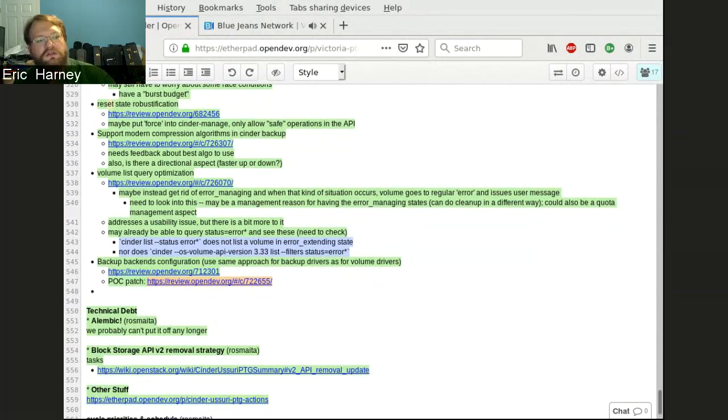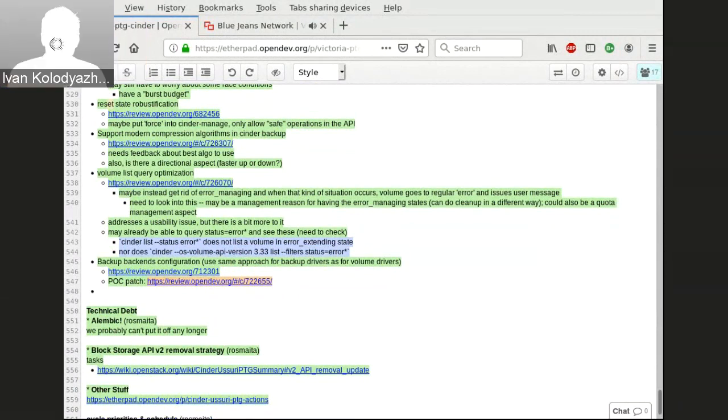I put a link in the review a second ago to a Mitaka spec on the scalable backup service work, which I think was starting to go in this direction in a lot of ways. So we probably should review that again and see what ideas we figured out back then and if they're still relevant to this.